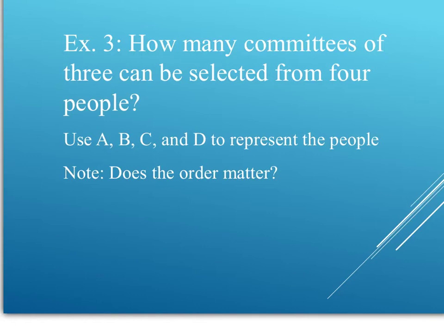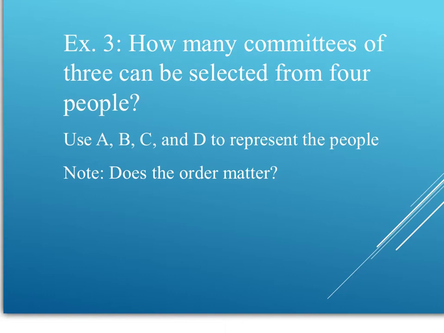So looking at this example, number 3, how many committees of 3 people can be selected from 4 people? You can use A, B, C, and D to represent the people, or you can name them if you want to: Moses, Matthew, Mary, and Mark. It doesn't really matter. But the question I need to ask myself is, does the order matter when I'm selecting these people?